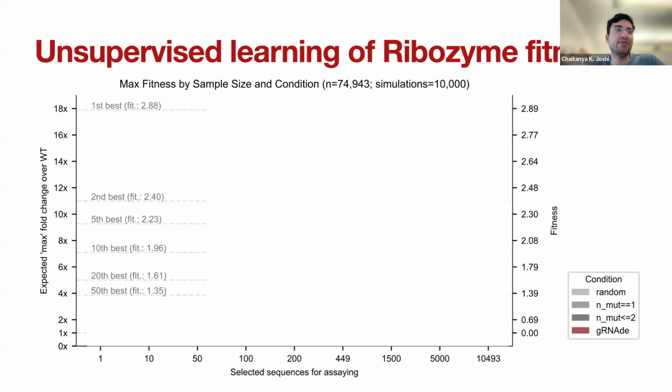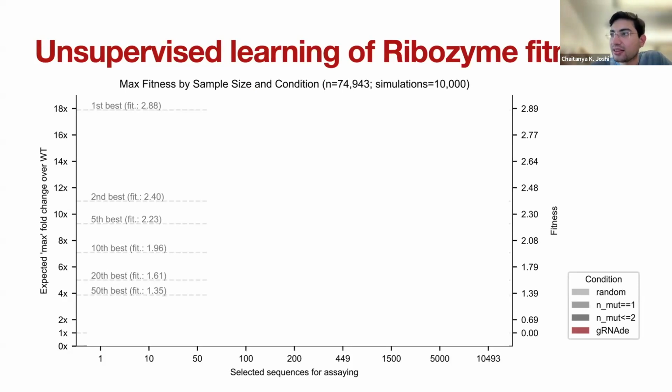And you can see, for instance, that the 50th best mutant in the data set would have a fourfold improvement in fitness. And what we'll plot is what is the best fitness improvement if I were to select, say, 10 or 50 or 100 designs at random versus using gRNAde.